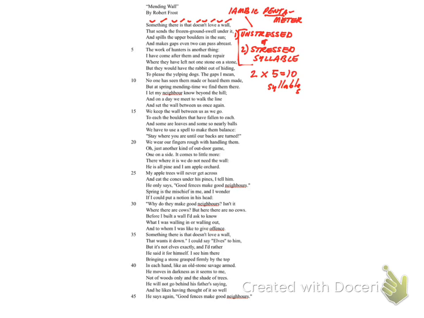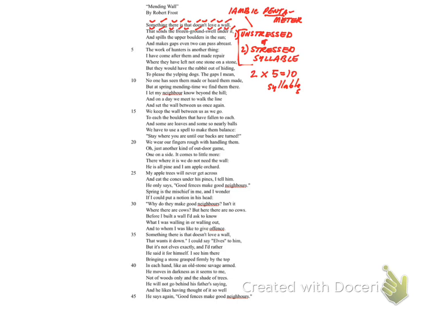We'll see it again in the next line too. That sends the frozen ground swell under it. All right, again, another 10 syllable line. And we'll see that most of these lines have 10 syllables and follow iambic pentameter.